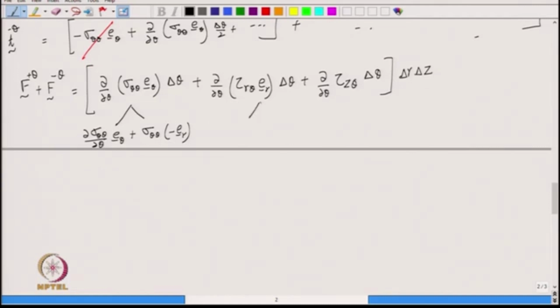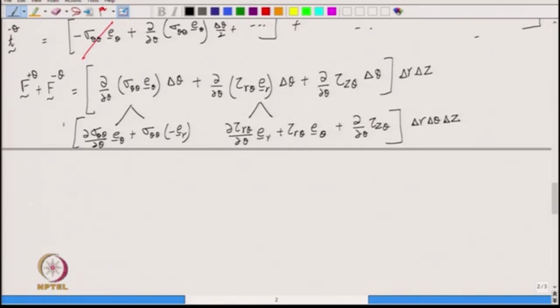Likewise, here this gives us del tau r theta by del theta into E r plus tau r theta into del E r by del theta, and that is simply E theta. Then you have the last one, into delta r delta theta delta z.